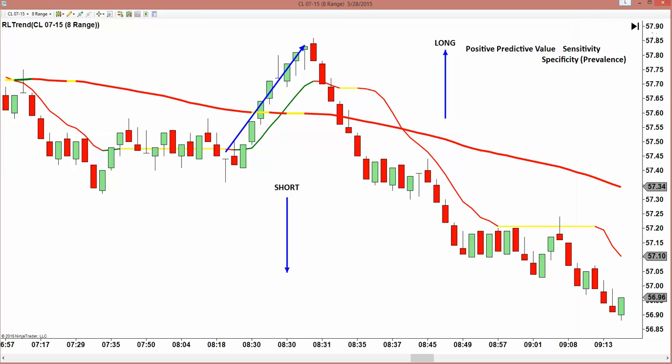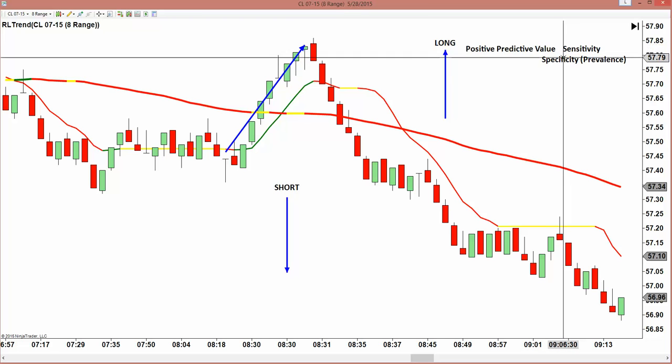Sensitivity over specificity is multiplied by prevalence, so if the prevalence is 0.2, it's going to drop the positive predictive value of your trade way down. If the prevalence is 0.9, it's going to take the sensitivity over specificity times 0.9 and give you a positive predictive value that may be 85%, 90%.